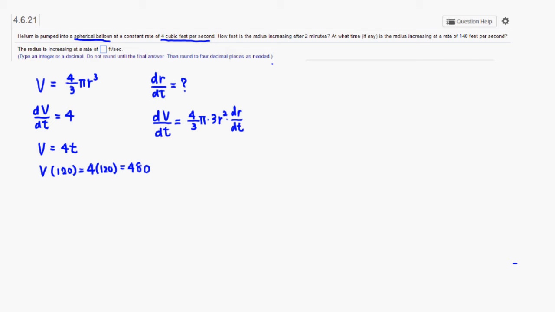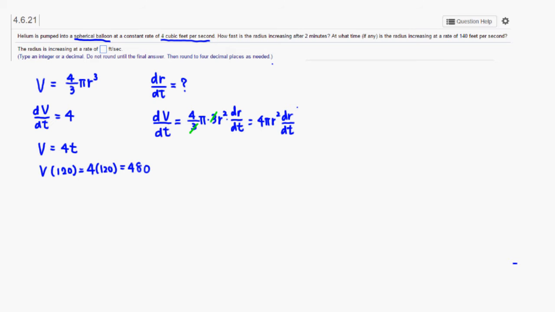So we have to use the chain rule. We can clean that up a little bit: the 3 on the bottom and the 3 on top cancel out, so you end up getting 4 pi r squared times dr over dt.